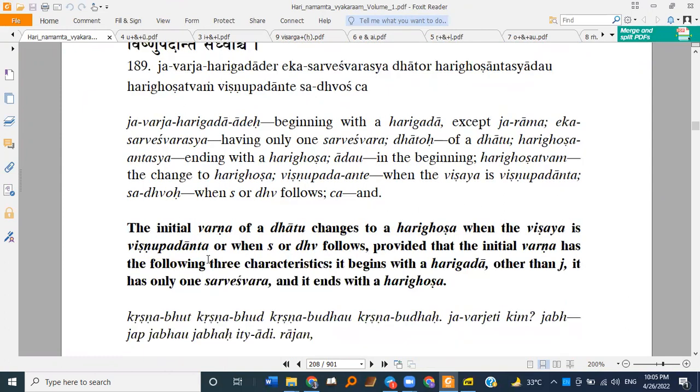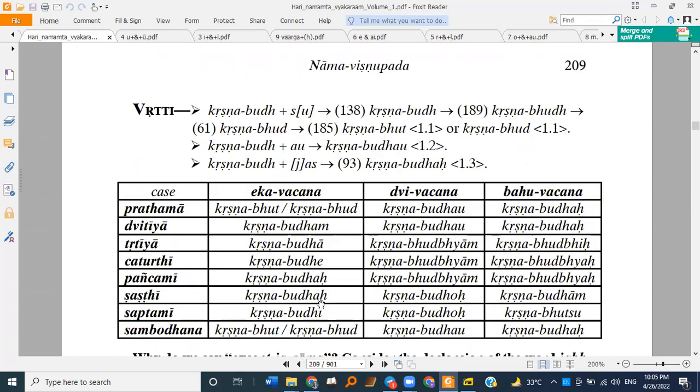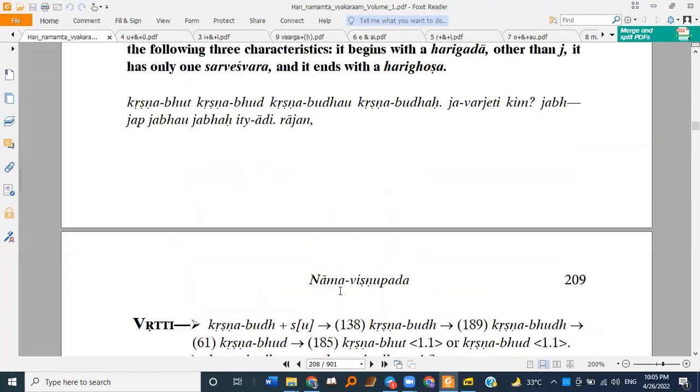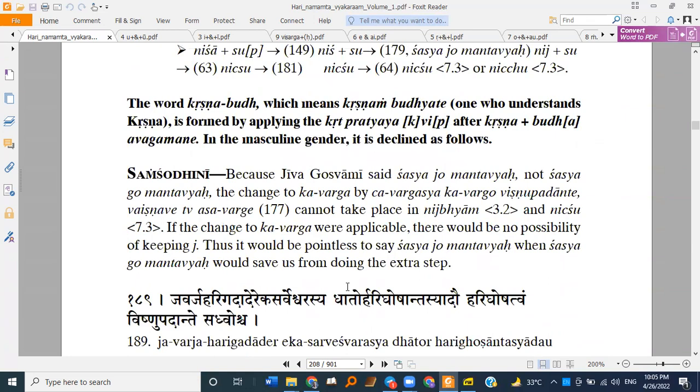Okay. The initial varna of a dhatu. Now, we may think that we are studying nouns, why is it talking of a dhatu? I think we already read before, but here also we can discuss that. For example, in this Krishna Buddha, we have this dhatu Buddha, after which we applied quip pratyaya, one of the Kridanta pratyayas, and then that pratyaya was deleted.